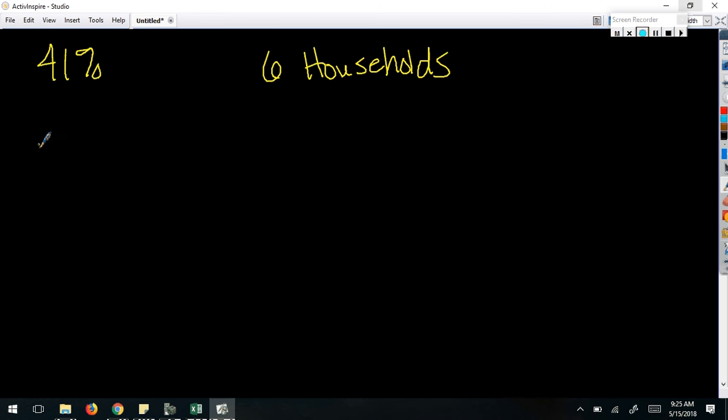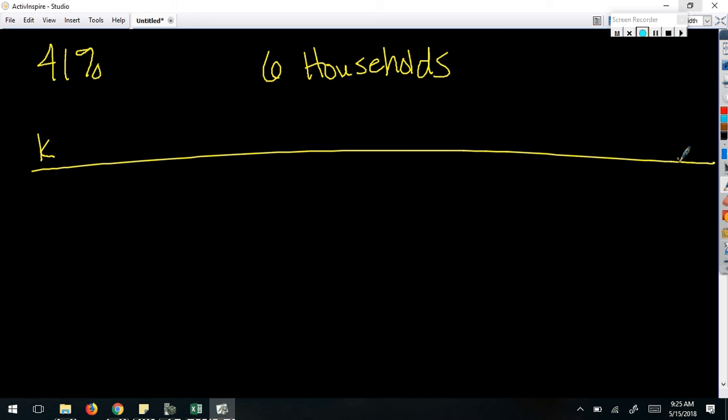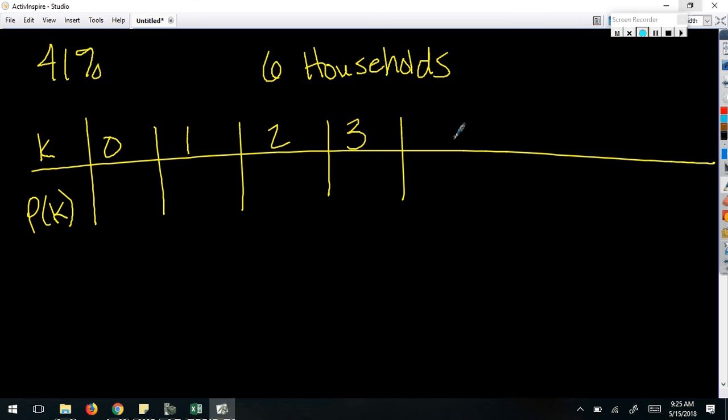So when I ask them, I could get 0 have a soccer ball, 1, 2, 3, 4, 5, or 6. Remember, you have to be able to recognize binomial. This is binomial because you either do own a soccer ball or you don't.